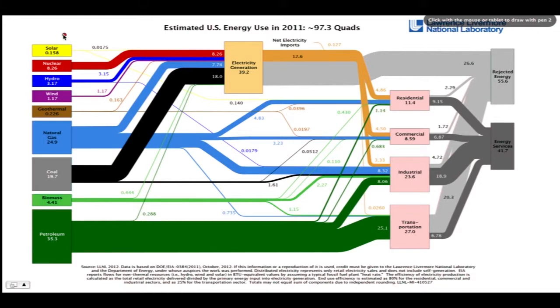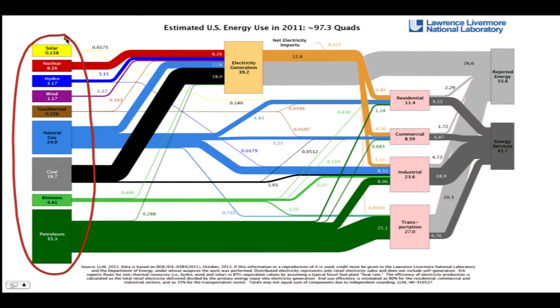First, from the big picture, we're talking about the raw, natural forms of energy over here on the left, and we're talking about the utilization of those over here on the right, split up as residential, commercial buildings being office buildings and shops, and then industry, which is manufacturing that produces goods and services and products, and then transportation.